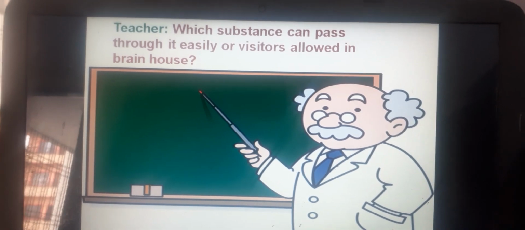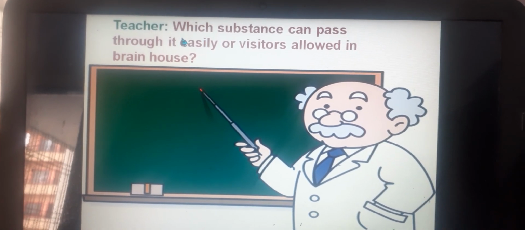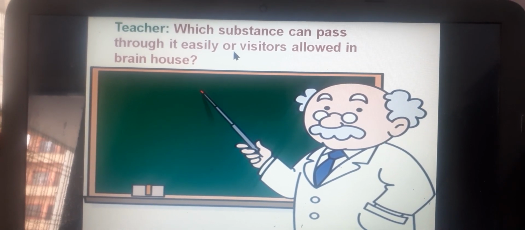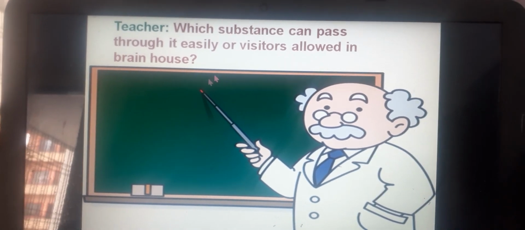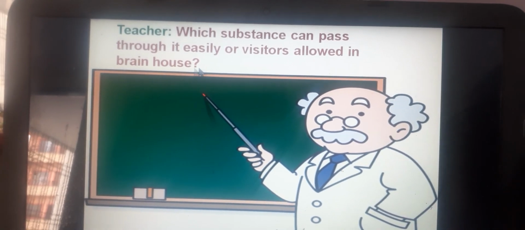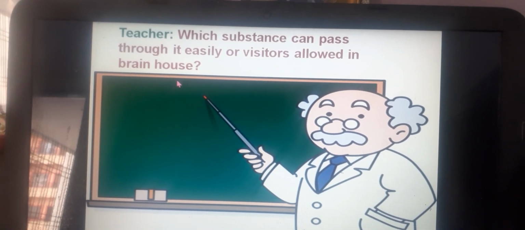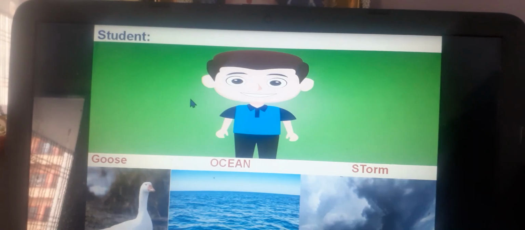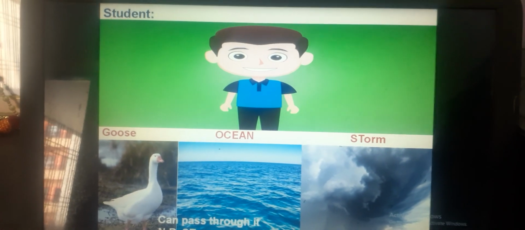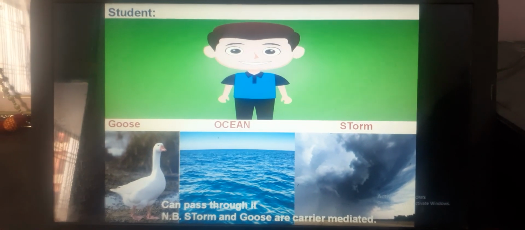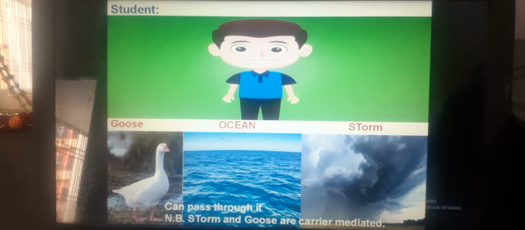Teacher: Which substances can pass through the blood-brain barrier easily, or which visitors are allowed in the brain house? Student: Goose, ocean, and storm can pass through it.